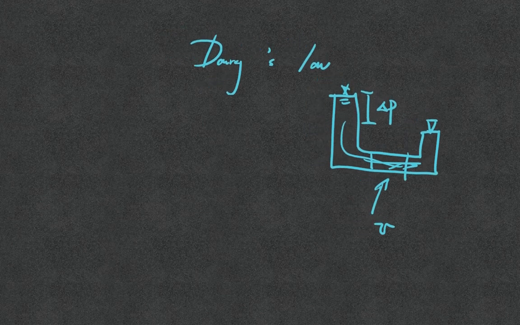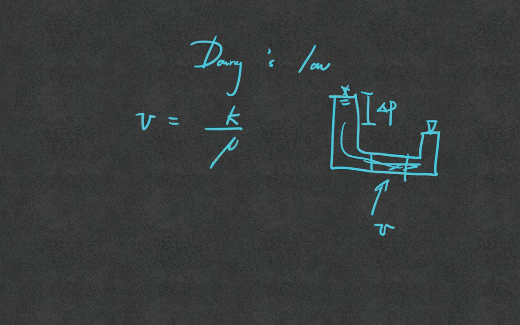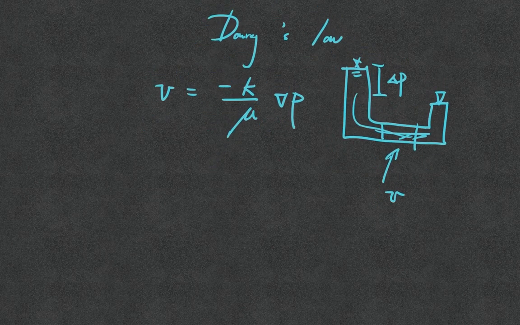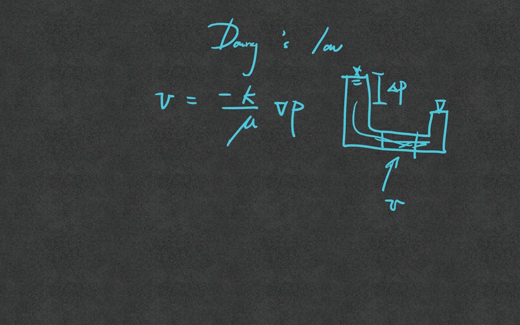For the fully saturated case, the relative velocity is related to the permeability divided by the viscosity times the gradient of P. This is actually a given. Now, what happens when I want to have two different phases?